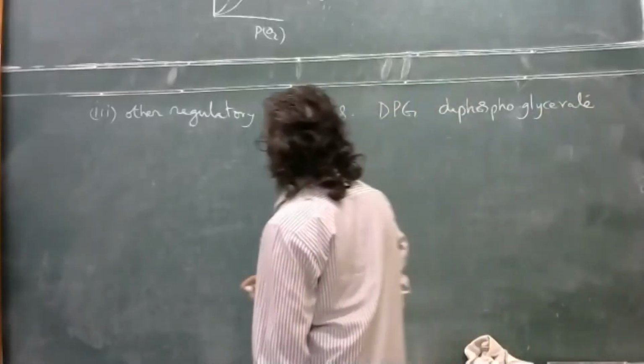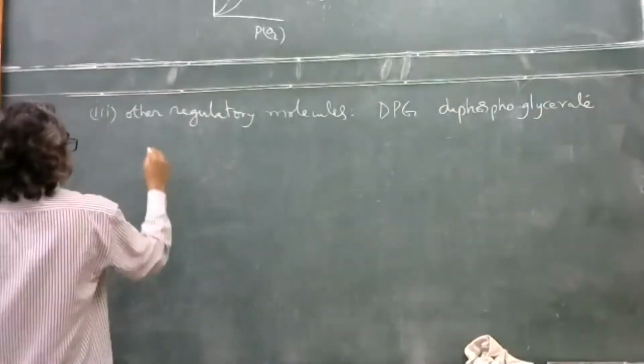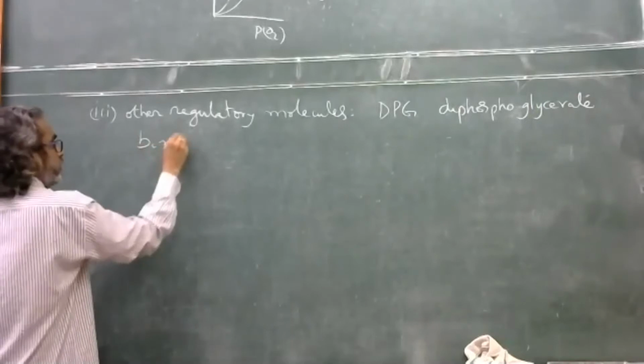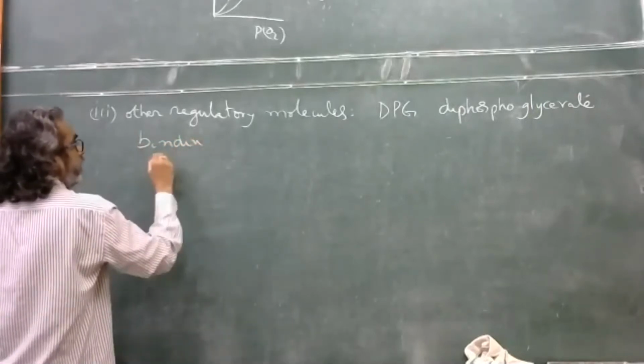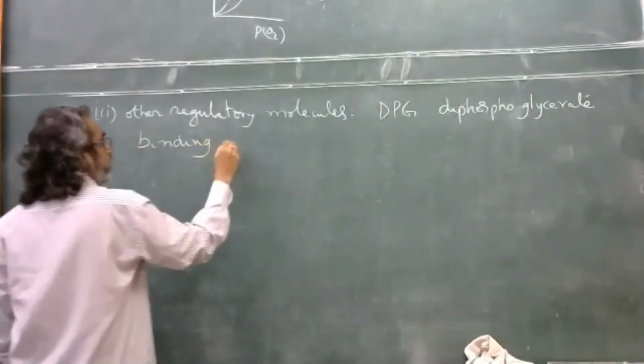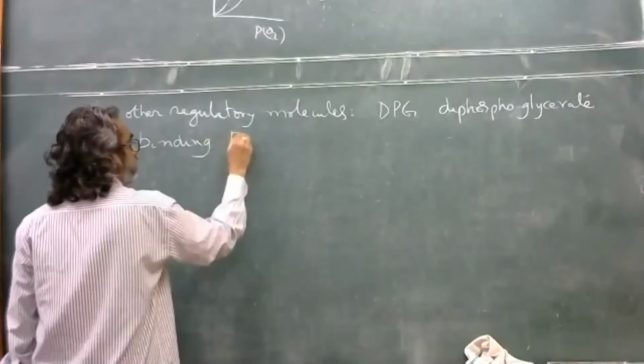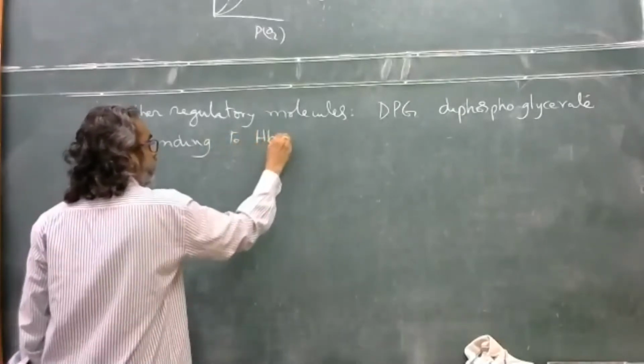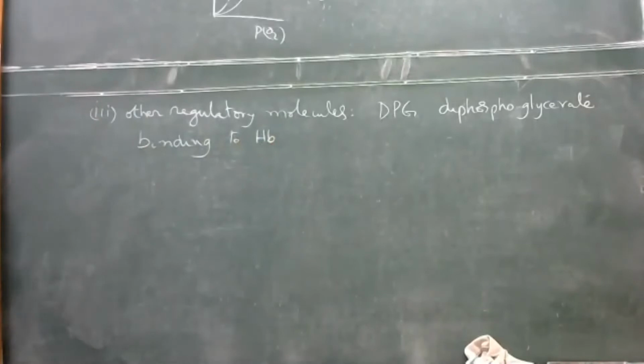So this is another molecule which also binds to hemoglobin. Okay, so this also has an effect on the oxygen binding capacity, and again this shifts the equilibrium of binding.